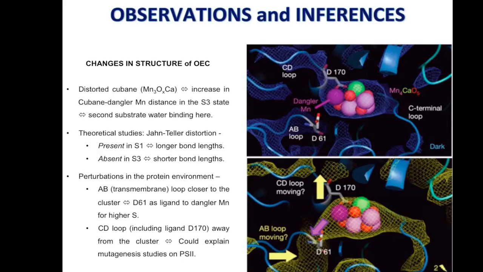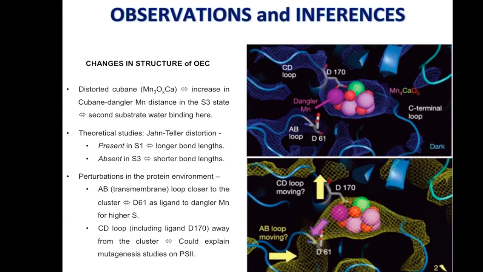Now, there was an interesting study done some time back where they mutated D170 and tried to observe whether that has any effect on the oxygen evolution as such and the catalytic activity of the cluster. They didn't see anything.